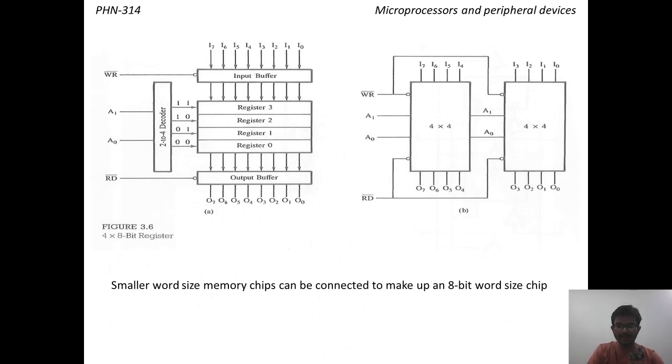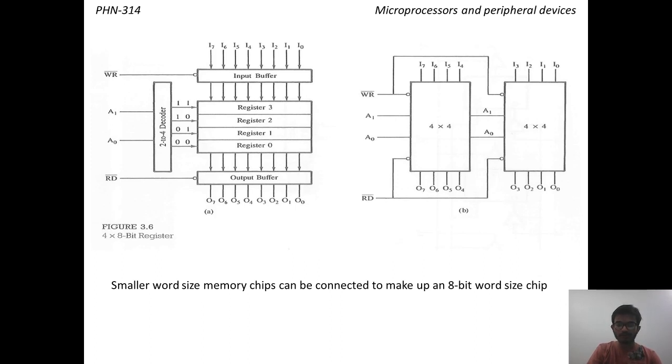Four registers with 8 cells or an 8-bit memory word are arranged in a sequence. To write into or read from any one of the registers, a specific register should be identified or enabled. This is a simple decoding function which can be performed by a 2 to 4 decoder.